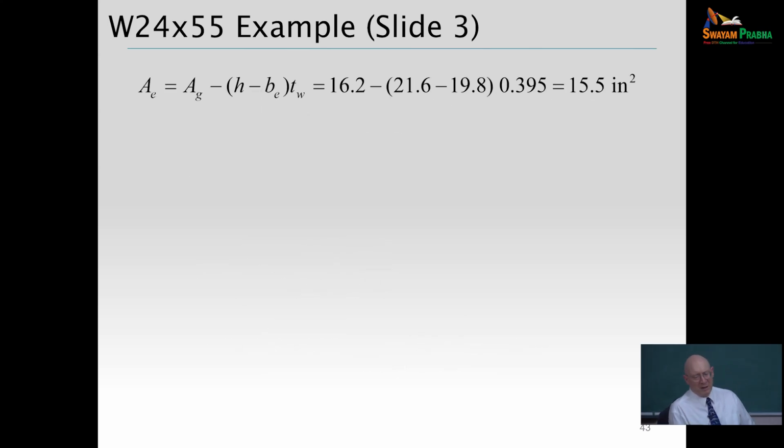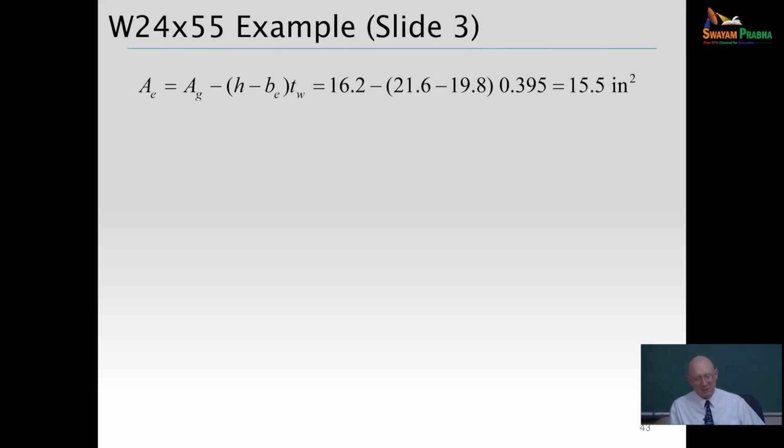So now we could do a width times thickness on all the elements and add them up, but if we do that for a rolled section, we just left out the web-flange fillet areas. So we like to try to keep those because they're measurable. And so the way to do that is that we have the property tables that give us the gross area, and so we're going to determine what area we need to take out because of the loss of effective width.